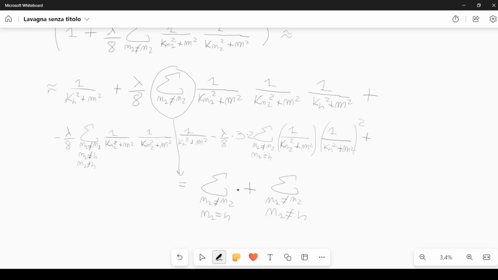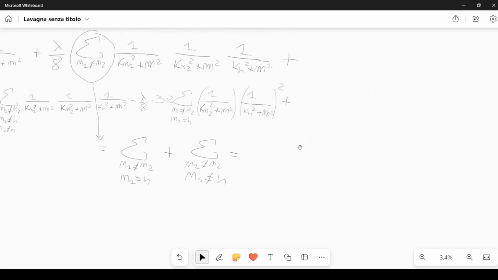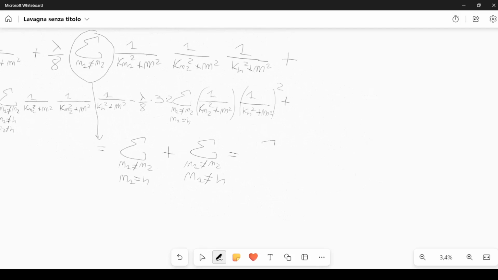And then you can split them one more time, so you have summation over n1 not equal to n2, n1 equal to h, and then you have n2 not equal to h. This is just how we can rewrite this summation here.